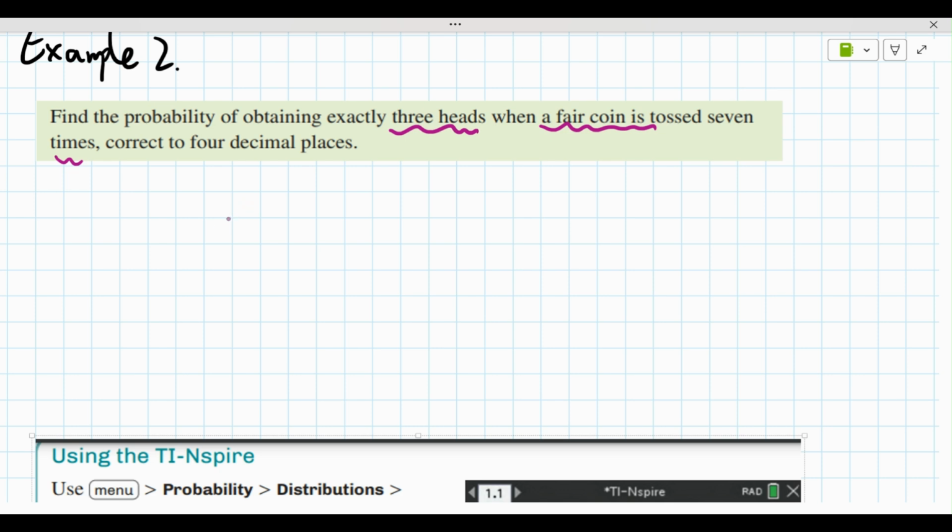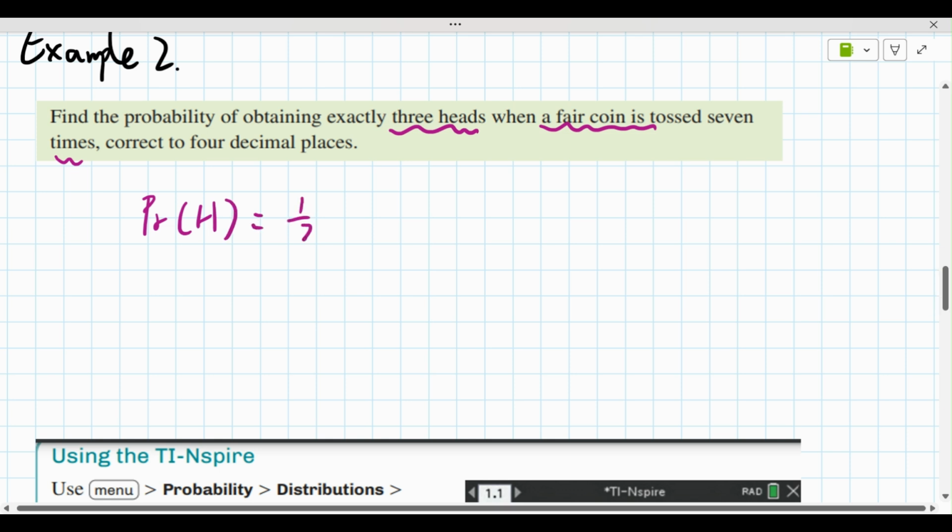The heads is success, so the probability of heads is equal to 1/2, and 1 minus p will equal 1/2 as well, so that's equal to p. Because you are tossing 7 times, n equals 7, so this is all you need to know.